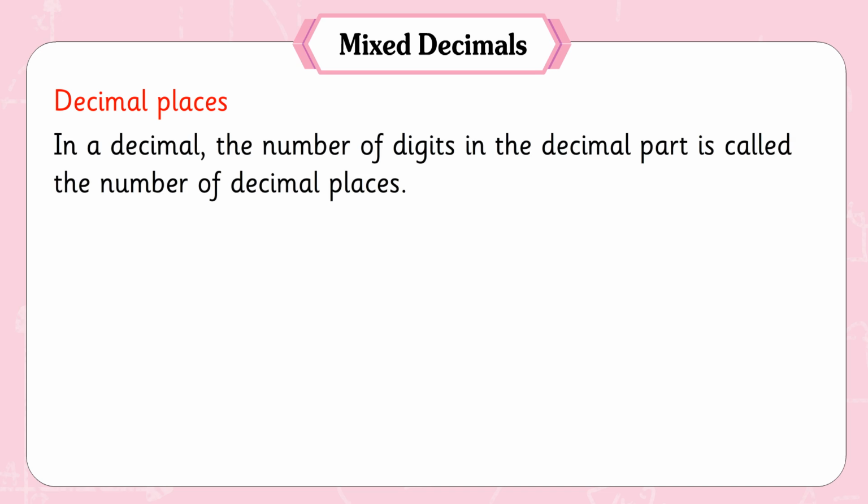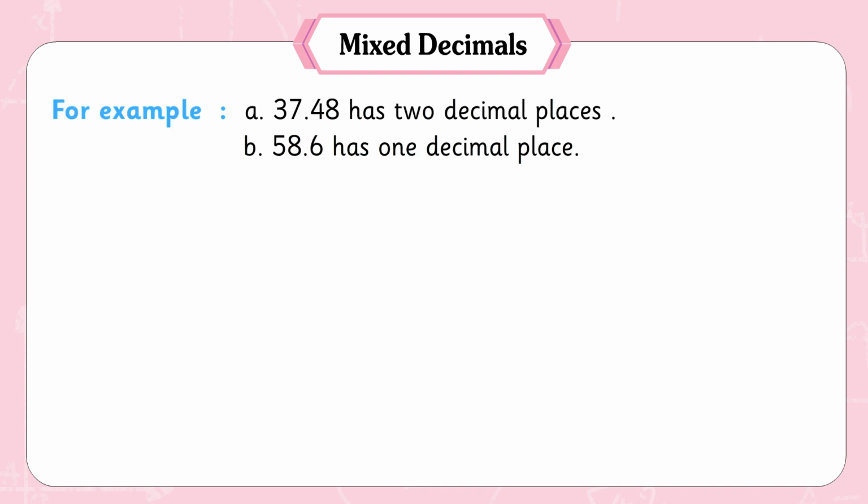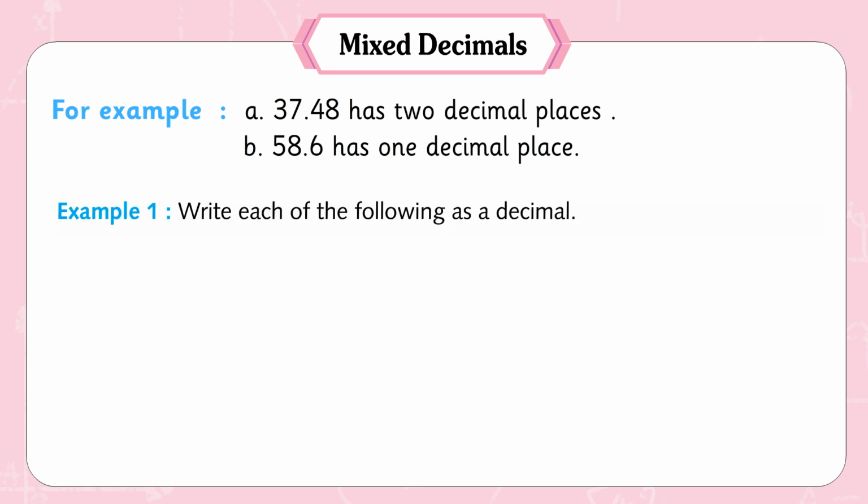Decimal places. In a decimal, the number of digits in the decimal part is called the number of decimal places. For example, 37.48 has 2 decimal places, and 58.6 has 1 decimal place.